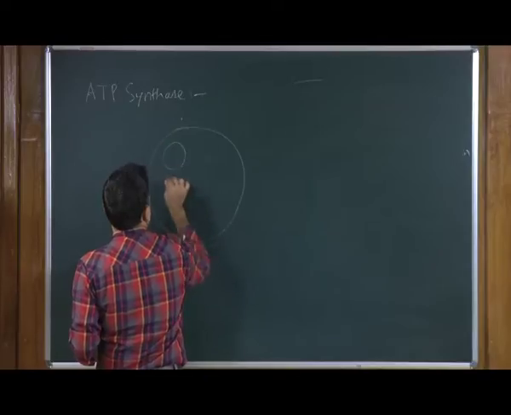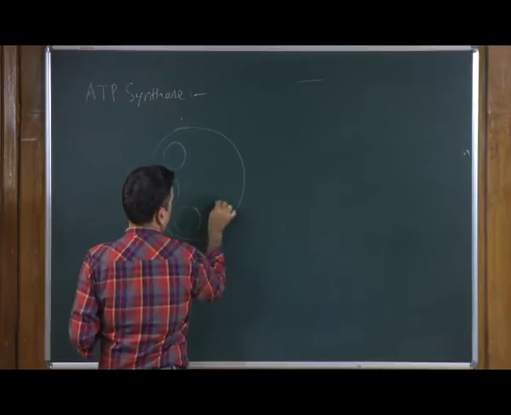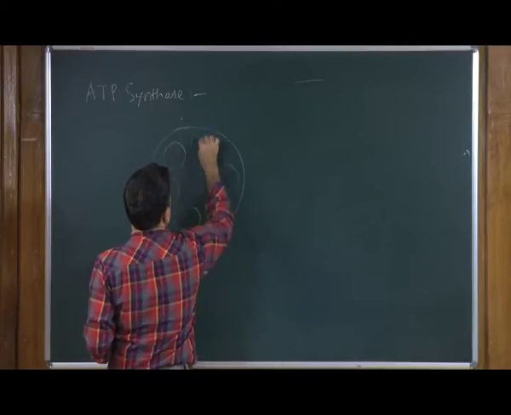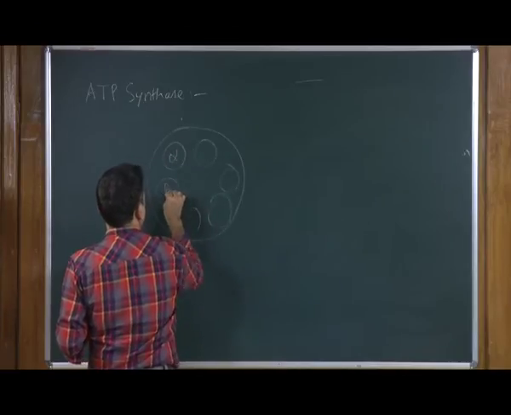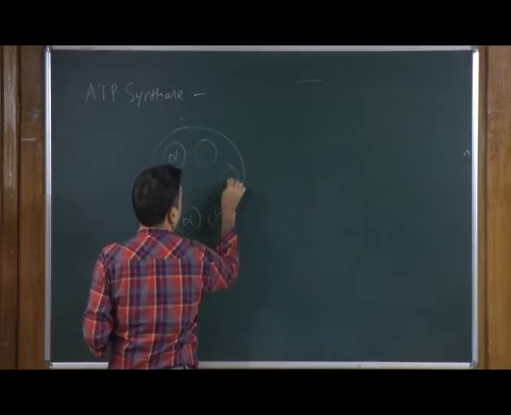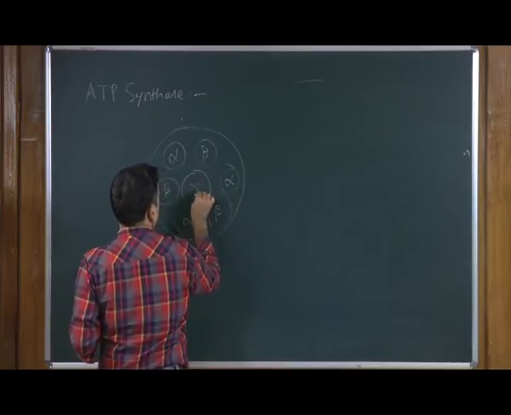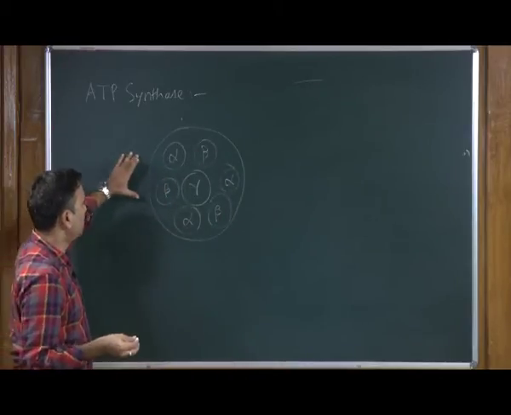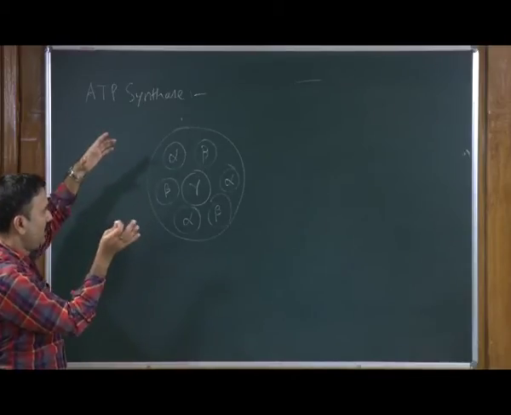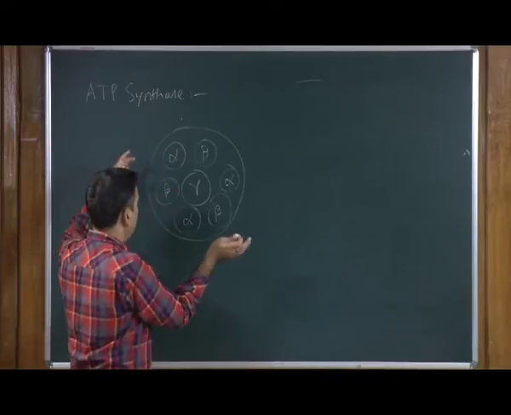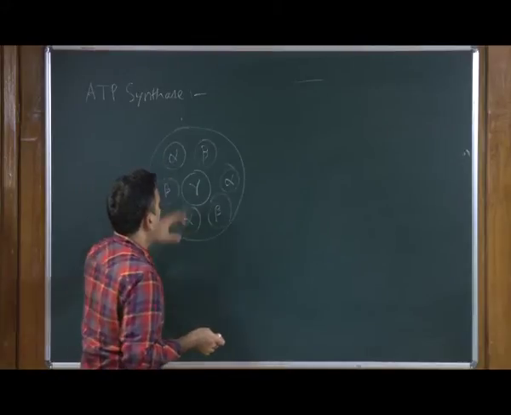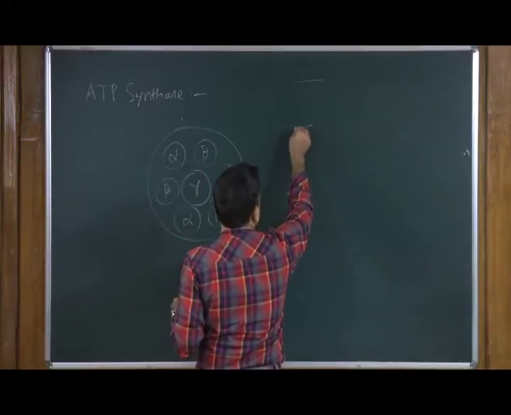So, we have alpha, beta, alpha, beta, alpha, beta, an alternate arrangement, and in the middle we have the gamma. This is the middle balloon like structure you have seen earlier.